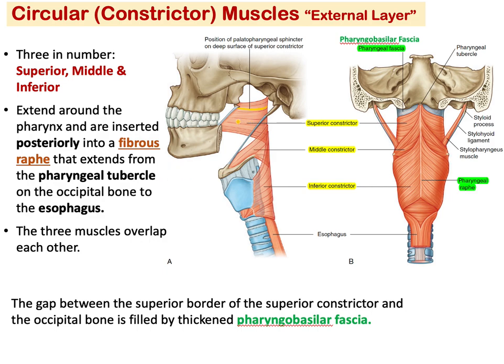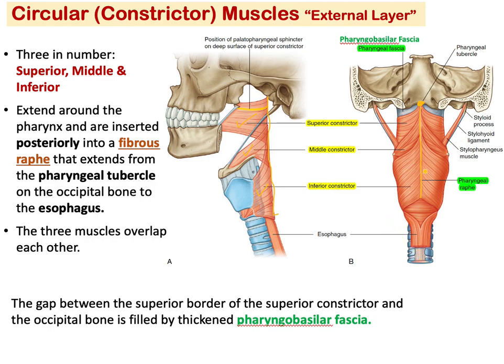We have superior, middle, and inferior constrictor muscles. They extend around the pharynx from superior to inferior, and what's interesting is that all of them insert into a fibrous raphe called the pharyngeal raphe, which is attached above to the pharyngeal tubercle of the occipital bone and goes down the pharynx.